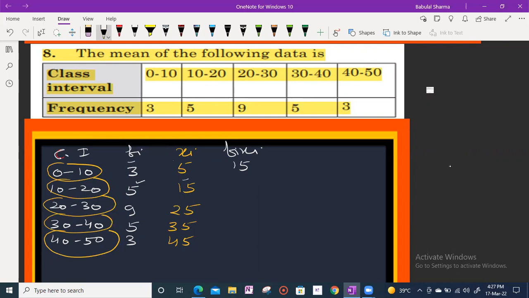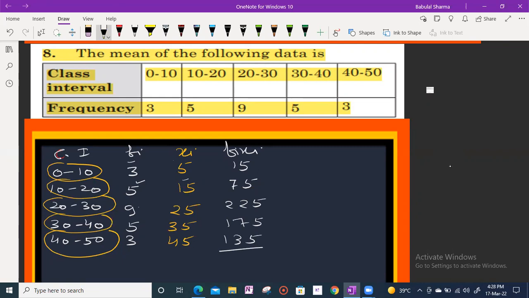I am giving you 2 minutes to multiply and get the answer. 5 into 15, that is 75. Now 9 into 25, that is 225. Then multiply 35 by 5, that is 175. And 45 by 3, that is 135.